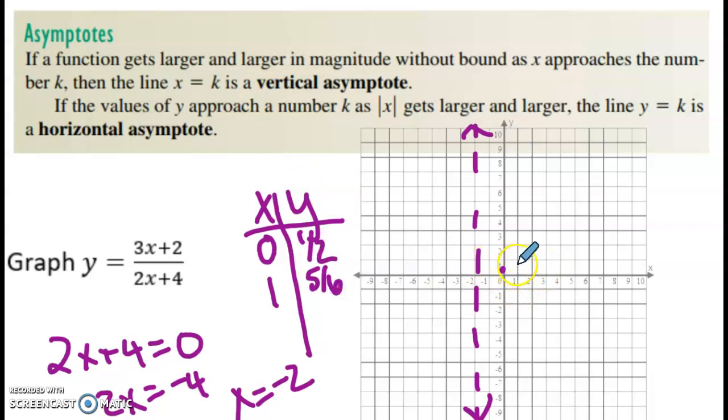I'll put 2 in for x. That gives me 1. Okay, and then we want to get bigger and bigger. Let's put 10 in for x. When I put 10 in for x, I get 32 over 24, which is like 1 1/3.